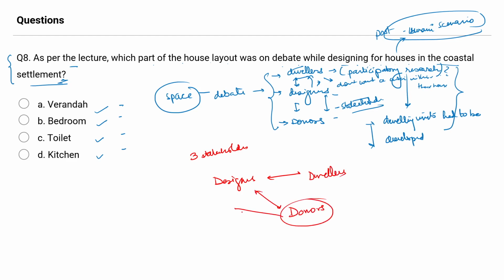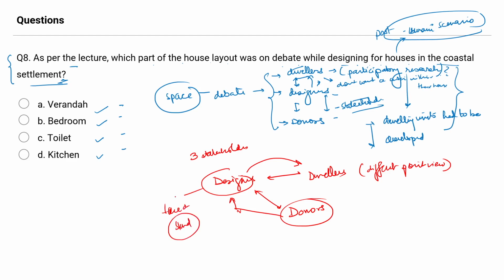And the donors had certain ideas which they conveyed to the design team, but the design team, when they consulted the dwellers, they had a different point of view. And when this situation arises, it is the role of designers to actually take a stand and tell what is important for the users, and how it needs to be made in order to be better utilized.